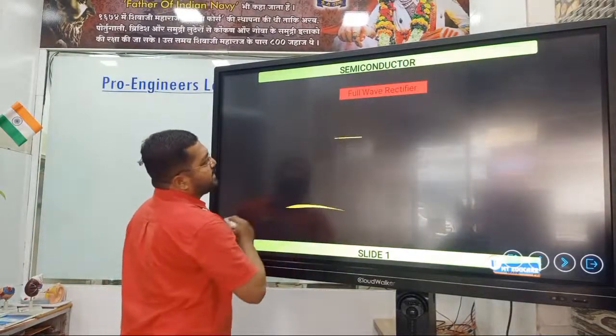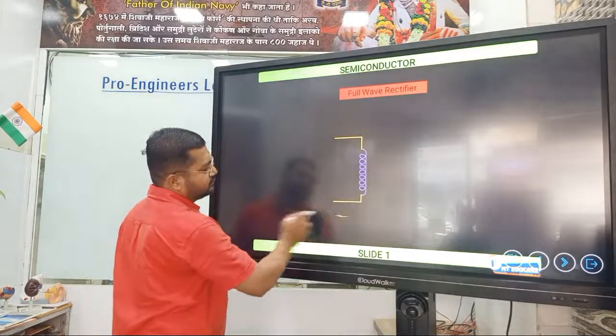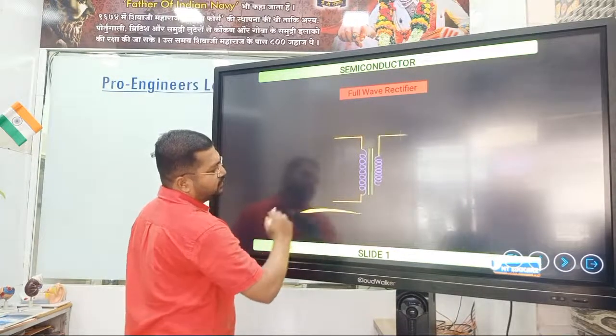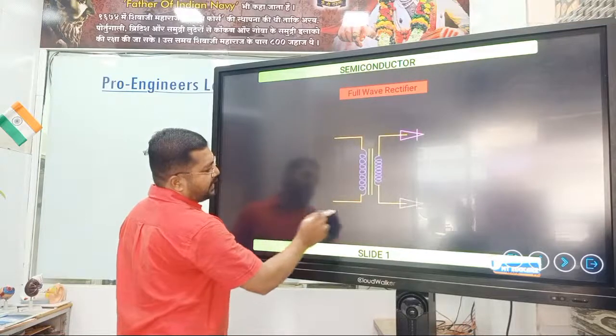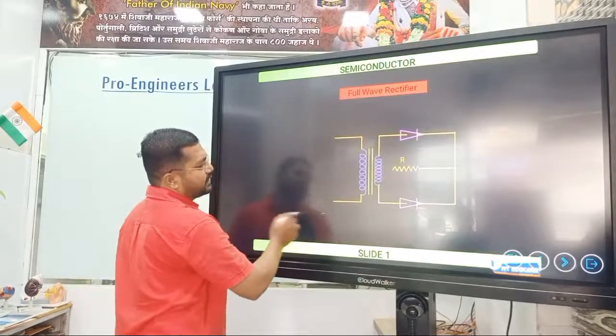Now it's time to understand the full wave rectifier. Again we have a transformer and two diodes connected with RL.